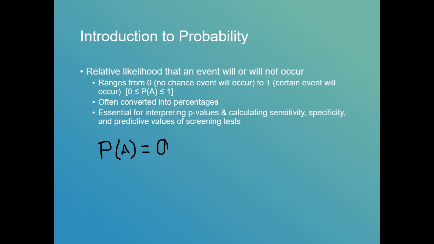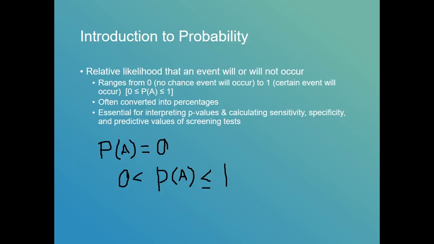If there's some possibility that an event is going to happen, the probability would be greater than 0 and less than or equal to 1. I know the writing on this isn't super great, but I want to write it out for you: 0 is less than P of A, which is less than or equal to 1.